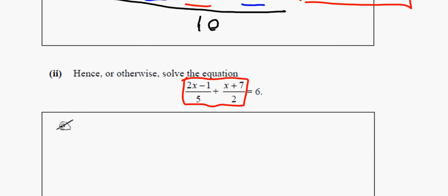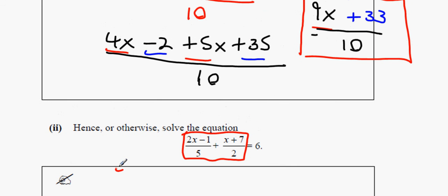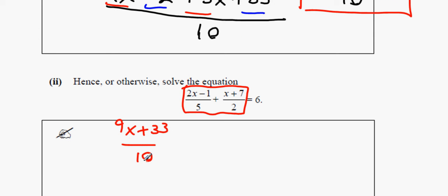So all we need to do here is just write down 9x plus 33 divided by 10 equals 6. Now, once again, remember that 6 is the same as 6 divided by 1. You're going to cross multiply. The 10, which is division on the left side, is going to turn into multiplication on the right. And this 1, which is division on the right side, is going to turn into multiplication when it's on the left.